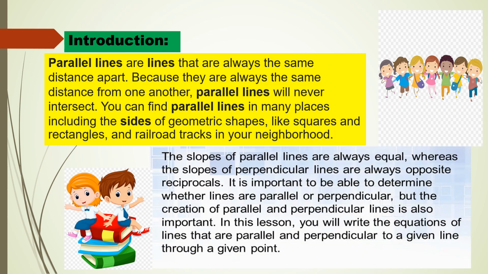The slopes of parallel lines are always equal, whereas the slopes of perpendicular lines are always opposite reciprocals. It is important to be able to determine whether lines are parallel or perpendicular, but the creation of parallel and perpendicular lines is also important.